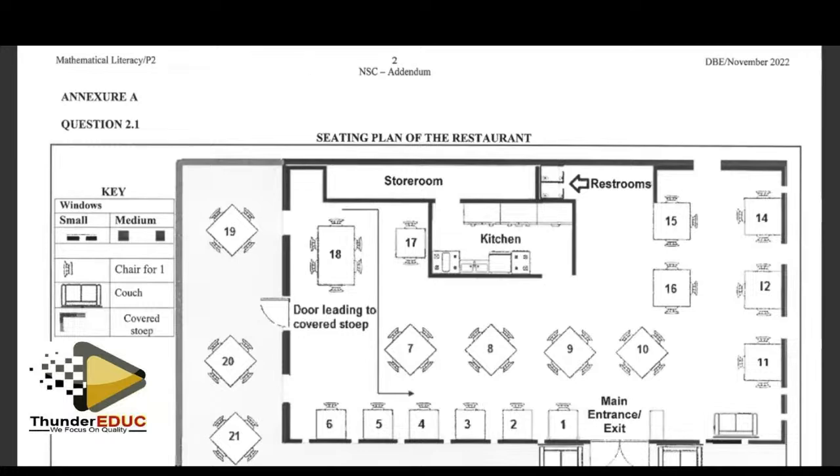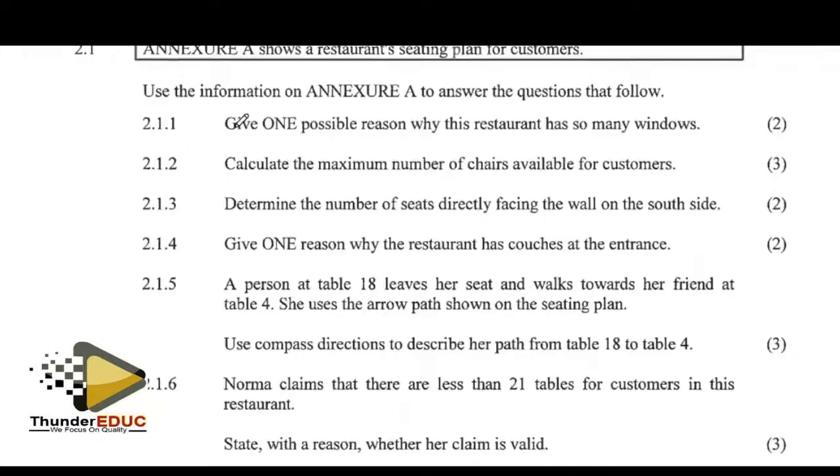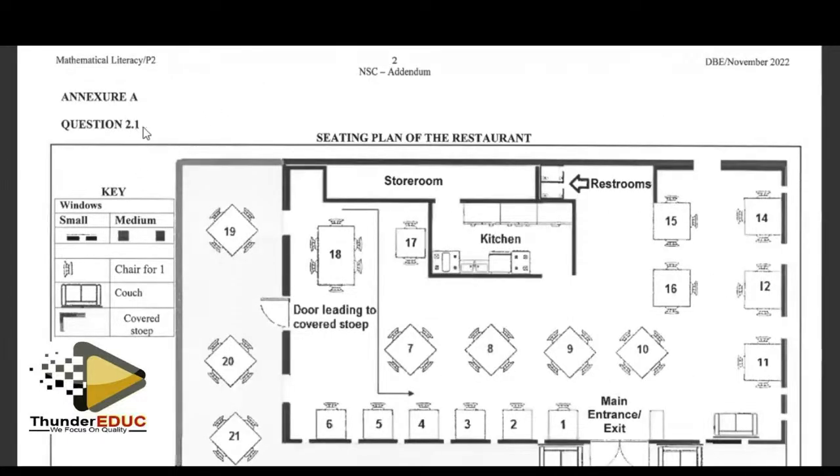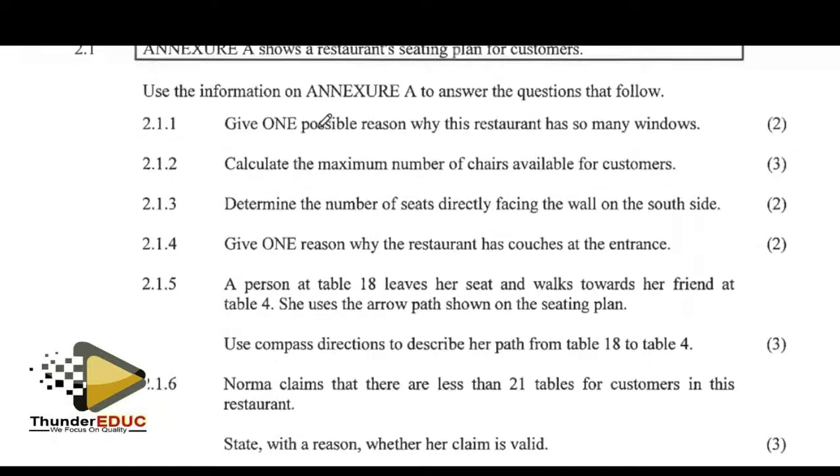What we see is what they want us to look at. So we are looking at question number 2.1, annexure A. It talks of a sitting plan, I believe. Annexure A shows a restaurant sitting plan for customers. Use the information on annexure A to answer the following questions.